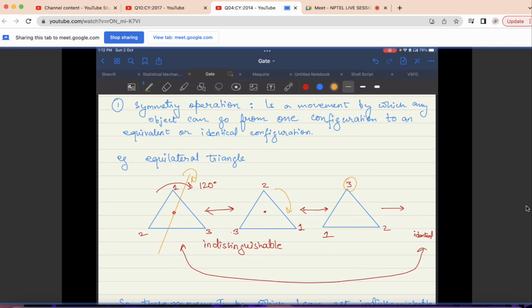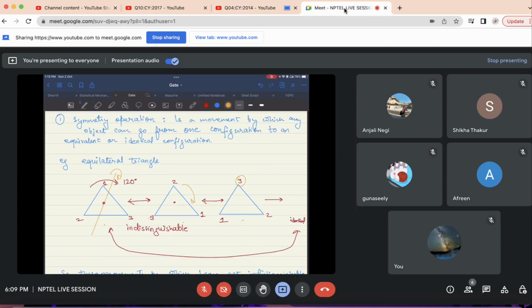But the point to be noted here is that the first, second and third configurations are not particularly identical, but they are indistinguishable or equivalent to each other. Because if I am not tagging the particular side, there will be no distinguishability between them, hence they are equivalent.